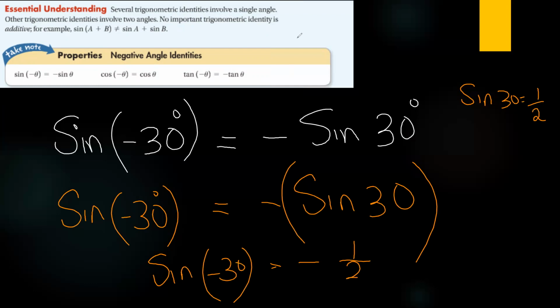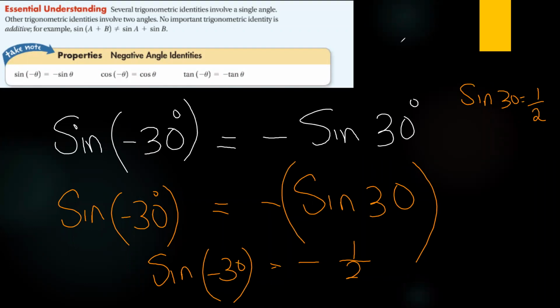So the first identity: sine of negative theta will be negative sine of theta. That means you can drop out the negative sign. But sometimes the model answer will not be negative, it will be positive. Yeah, sometimes when you write sine of negative 40, they bring it as positive.